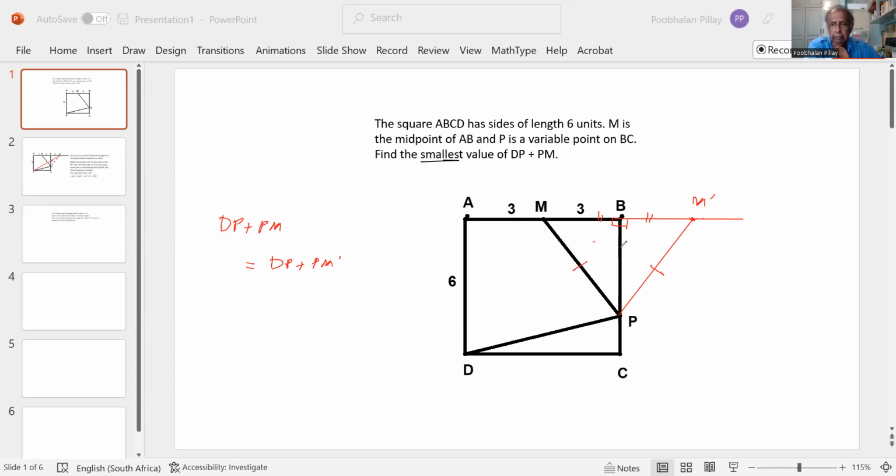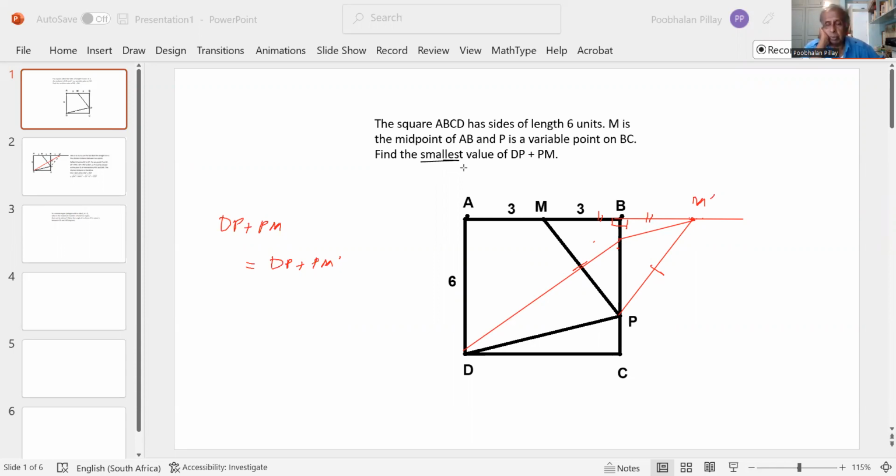So when P is here, for example, then you will have the DP plus PM will be like that. Now, of all these sums, DP plus PM here, and if P was here, imagine P was here, DP plus PM here again, which one is the shortest?